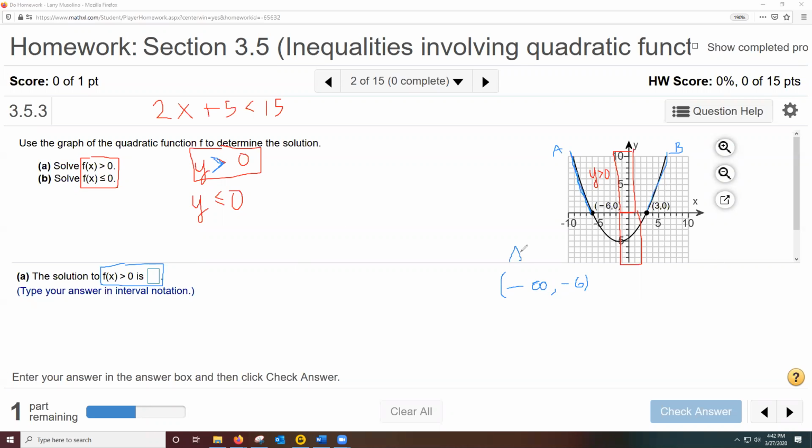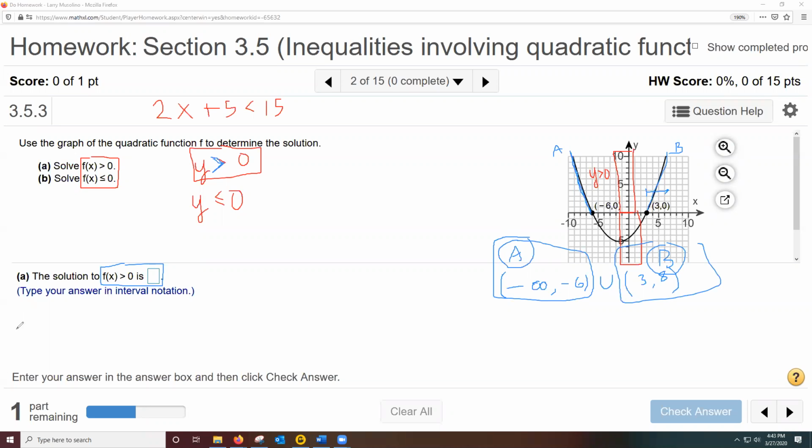It looks like there we're going from 3 to infinity. So this part is 3 comma infinity. And then we put a union symbol in between to show that we're joining together these intervals to represent the part of the graph where the y value is greater than 0. So this was the left portion, and this was the right portion.